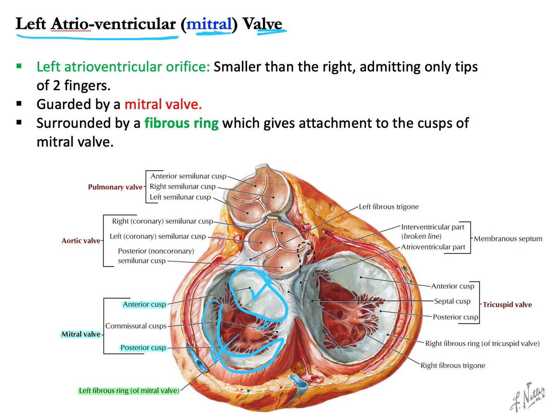It's also fixed to a fibrous ring, the left fibrous ring, around this left atrioventricular orifice. Of course, it's a little bit smaller than the right one, which is just enough to admit the tips of just two fingers, compared to the right atrioventricular orifice that's enough to admit the tips of three fingers.